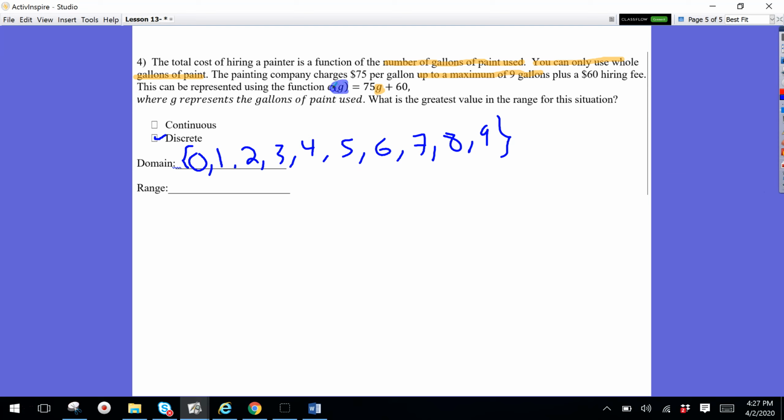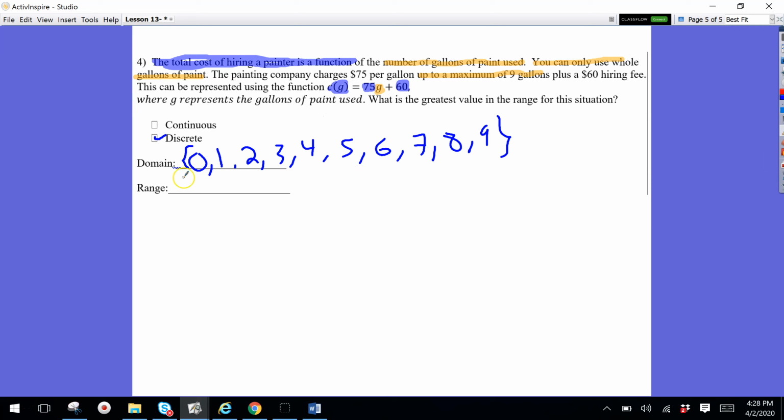which is the function value, which is, I talked about here, the total cost of hiring a painter is a function. All right, so they're telling me that basically they're saying the same thing up here as they're saying in the equation. It's $75 per gallon plus a $60 hiring fee. Okay, so basically what we would need to do is we would need to plug in first.